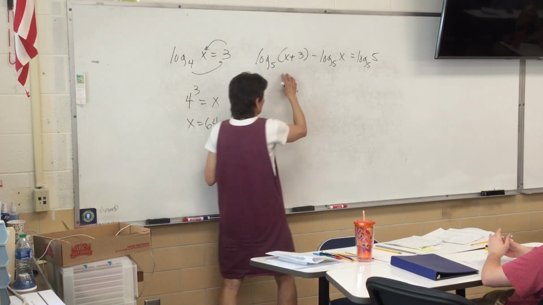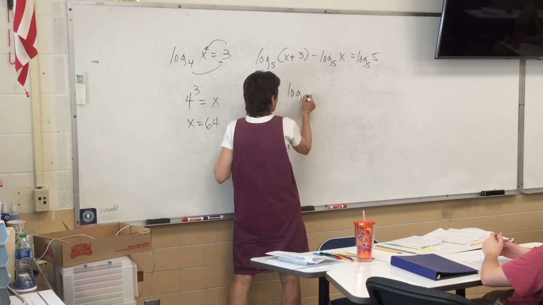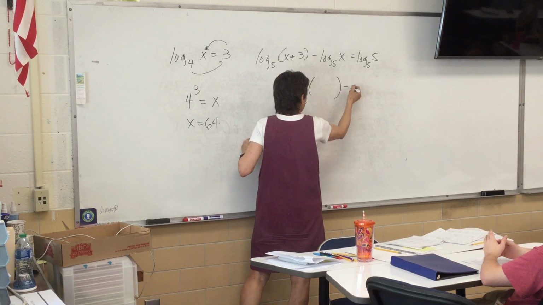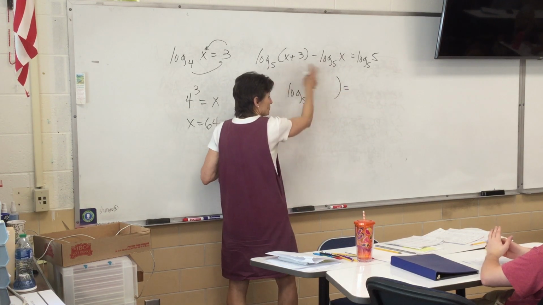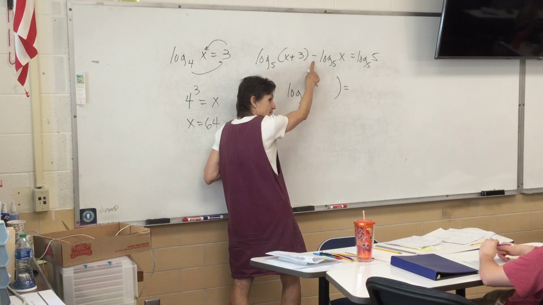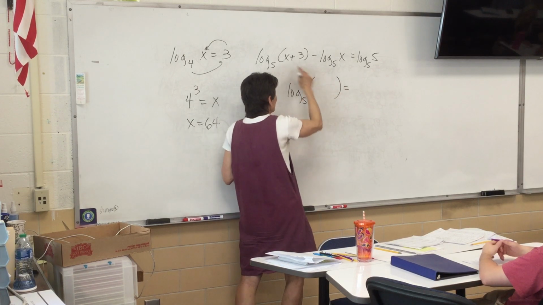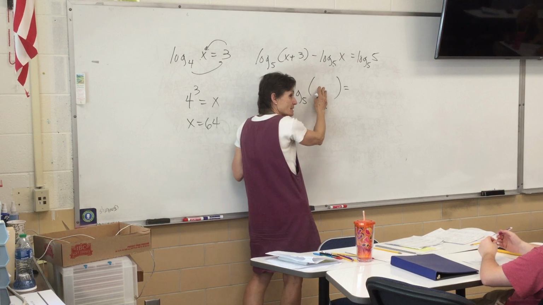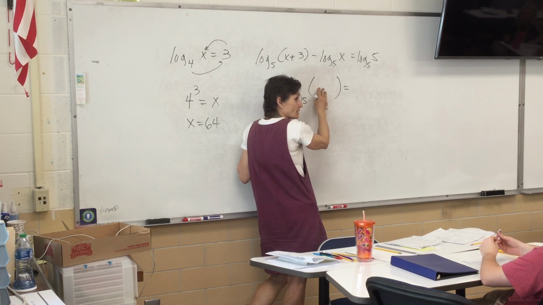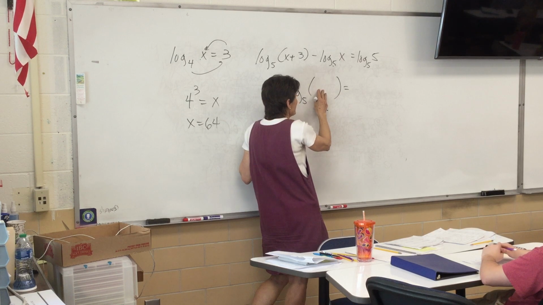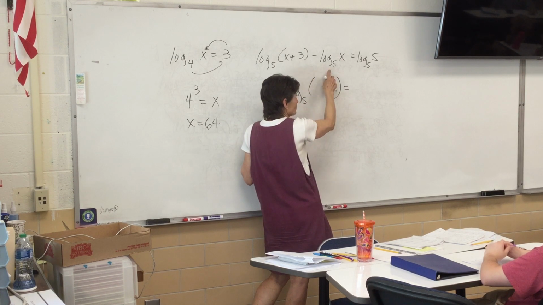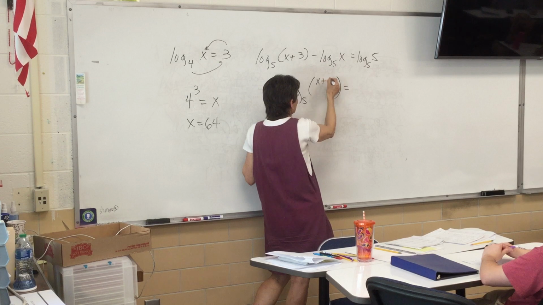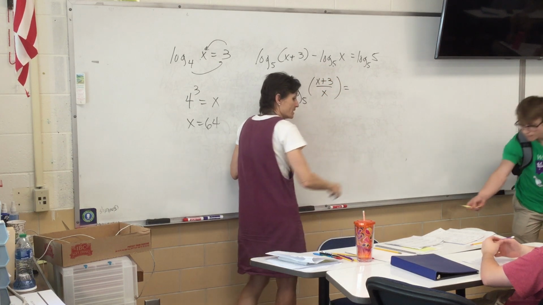So we somehow have to put these 2 together, so there's only one thing instead of 2. That's a minus. Does anybody remember how we put these together in a minus problem? Well, when you subtract logarithms, you are dividing the numbers, right?